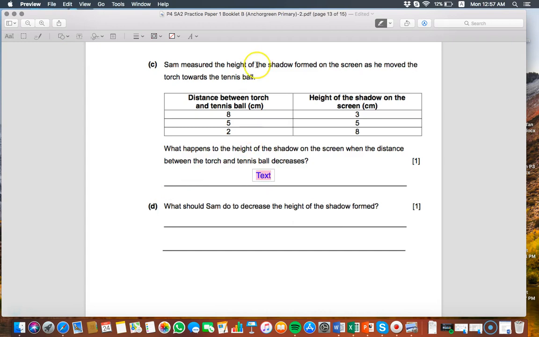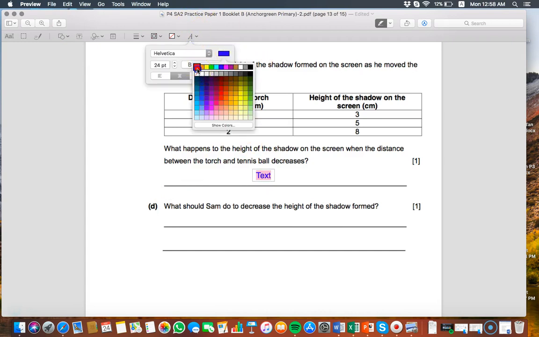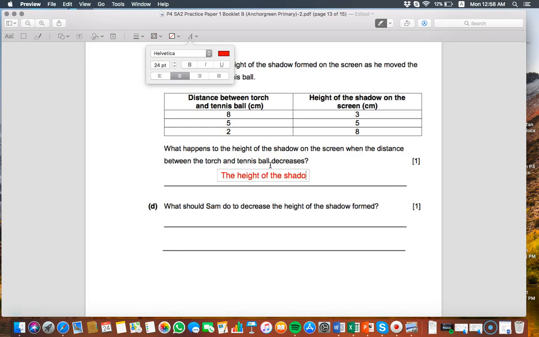The answer would be, let me change the color, the height of the shadow increases. Or you can say it becomes taller.